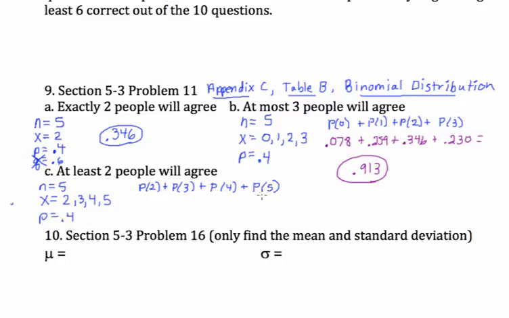This is hard if you're using the formula because you'd have to run through the formula 4 times and add up your results, but it's a lot easier with the table. You just go find N is 5, P is 0.4, and then look up for X equals 2.